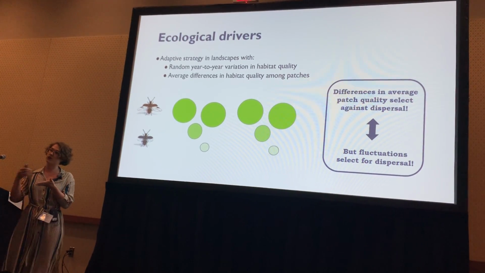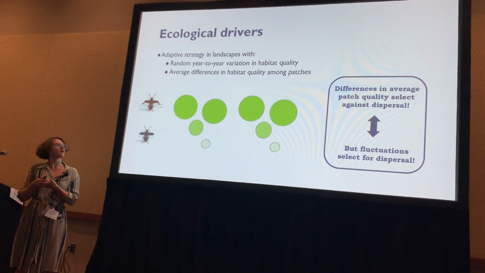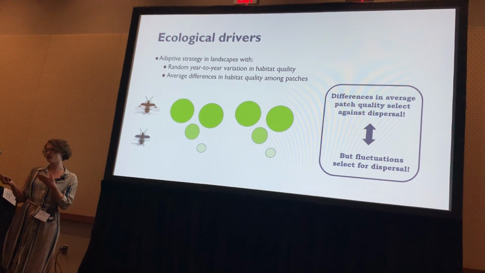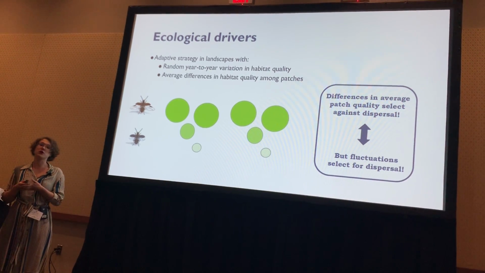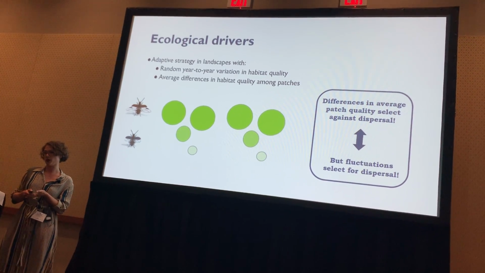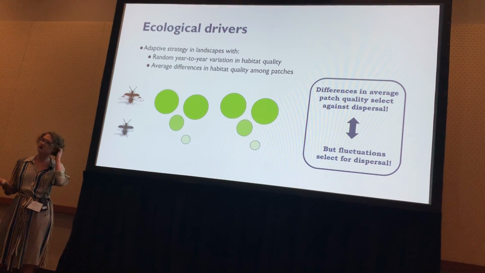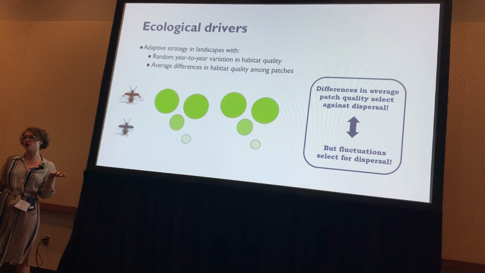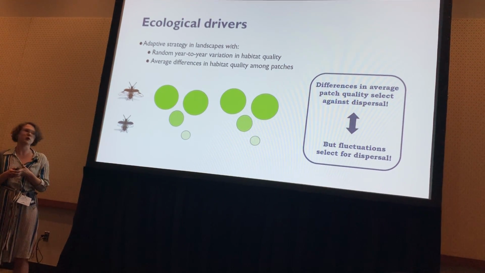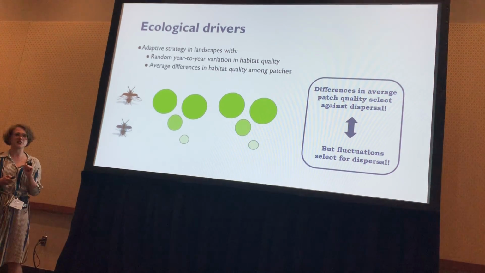The year-to-year difference creates selection for dispersal, while the average differences between the patches select against dispersal. Those are two opposing pressures, and this results in an equilibrium of short and long wings within the population.